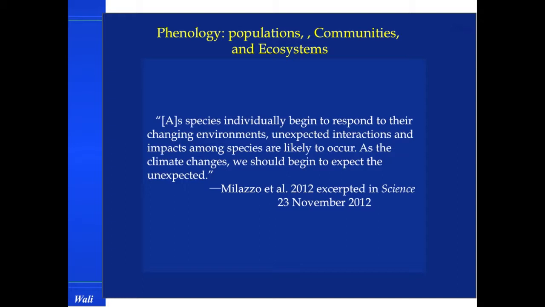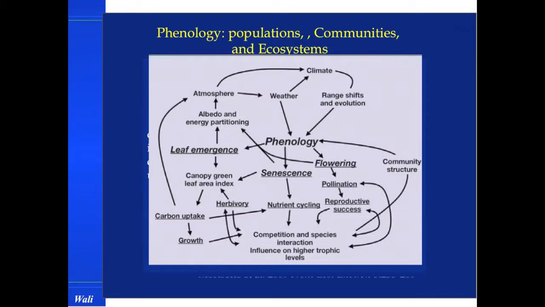As species individually begin to respond to their changing environments, unexpected interactions and impacts among species are likely to occur. And so, as the climate changes, we should start to expect the unexpected. And those of you that are interested, keep an eye on this paper. It will be in the latest issue of the Journal of Animal Ecology.